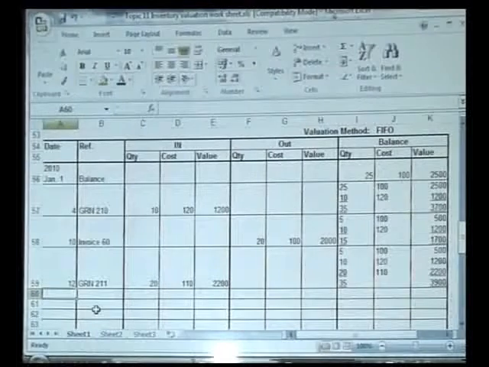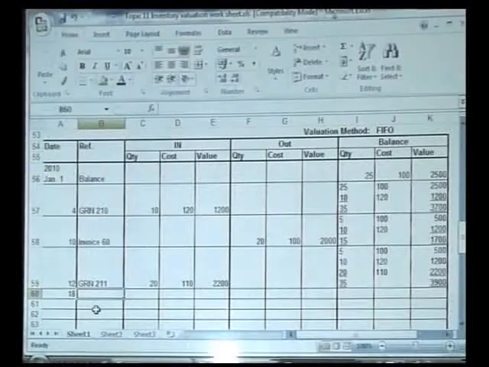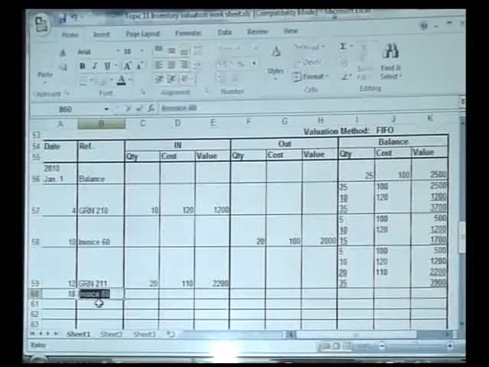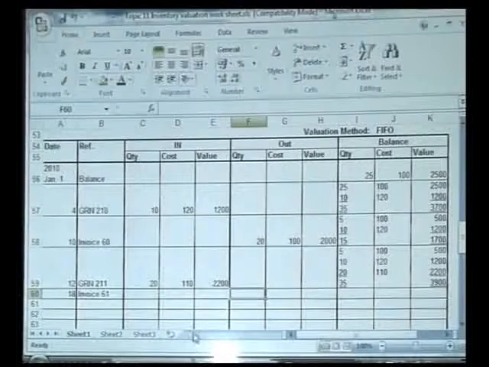Then on the 18th, sold, invoice number 61. Issues are recorded in the out column.